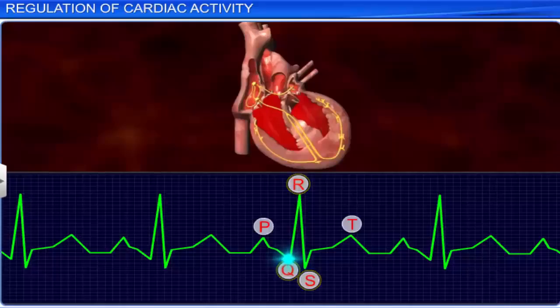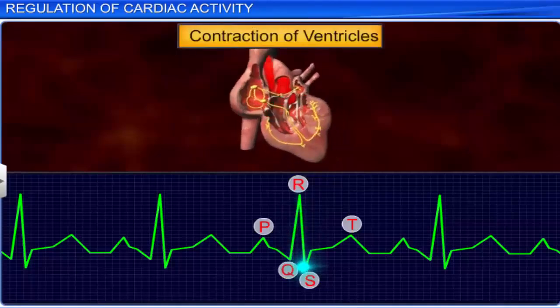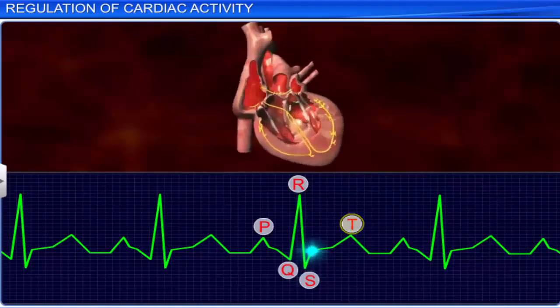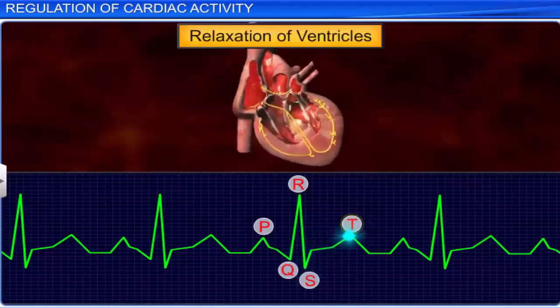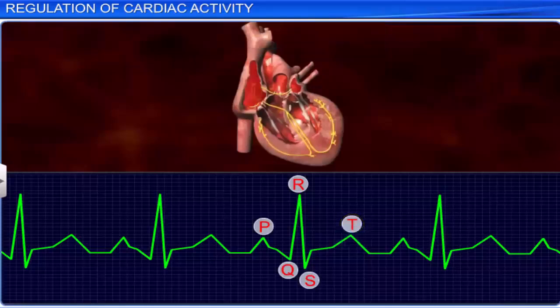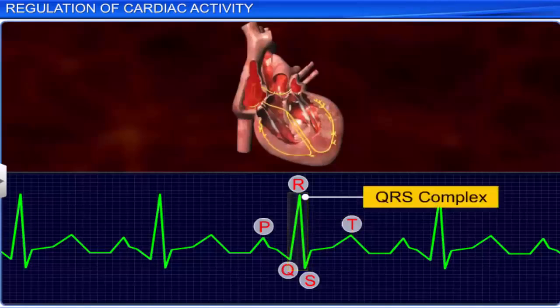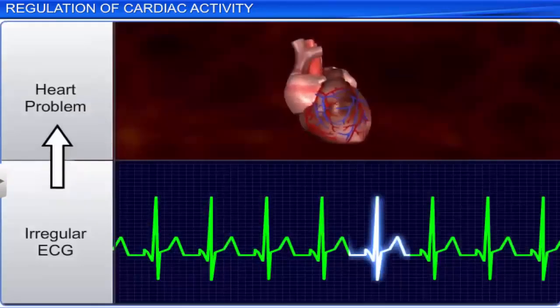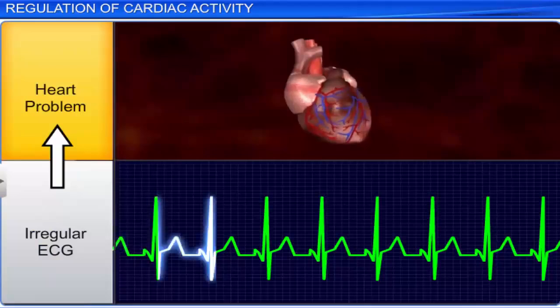It is followed by the QRS wave, which corresponds to the contraction or depolarization of the ventricles, that is, the ventricular systole. The final T wave corresponds to the relaxation of the ventricles to the normal state or repolarization, and the end of the systole. The number of QRS complexes equals the number of heartbeats. Hence, any deviation from the standard ECG signals a problem relating to the heart.